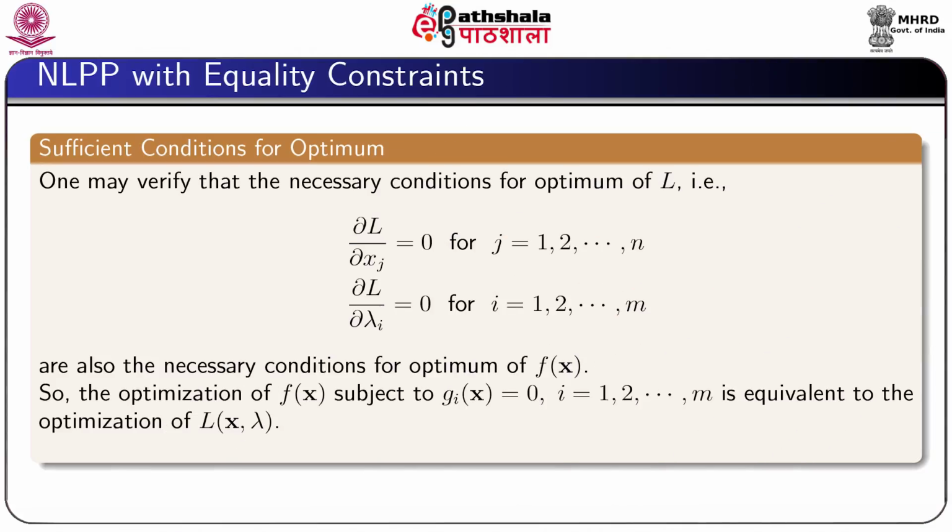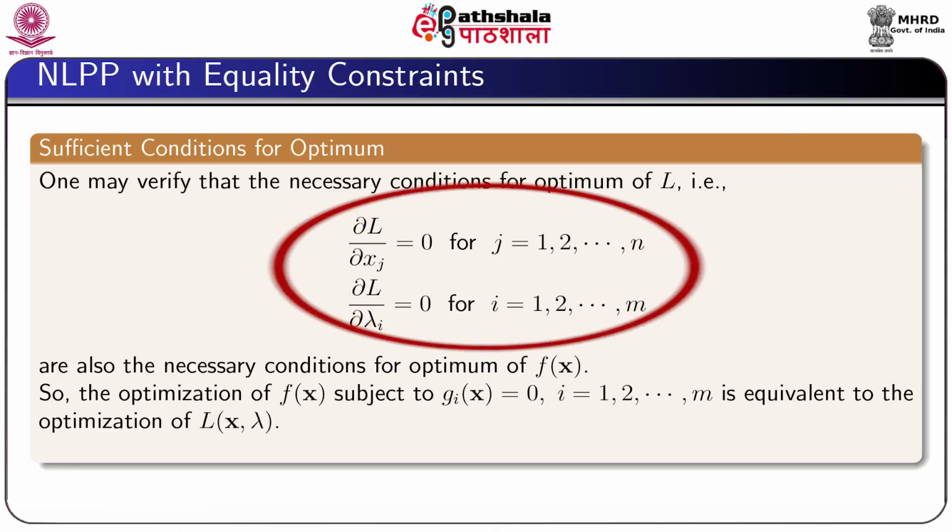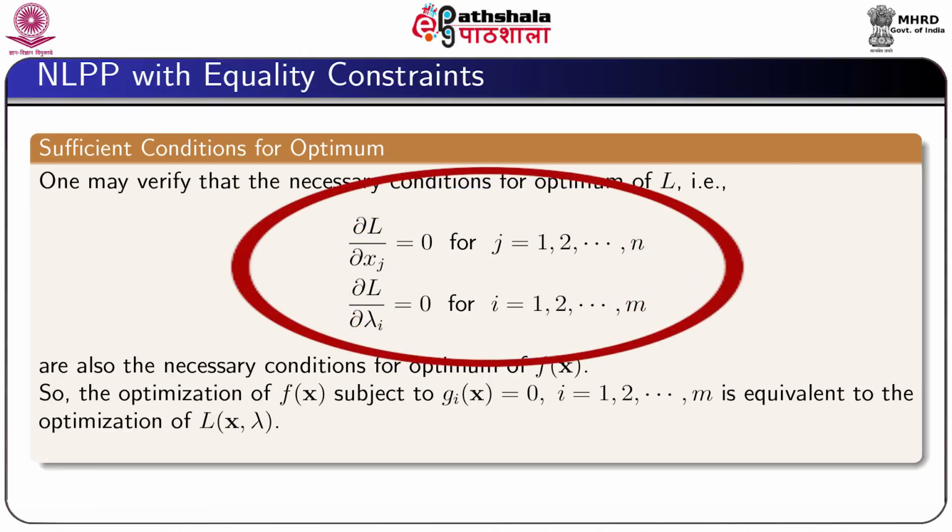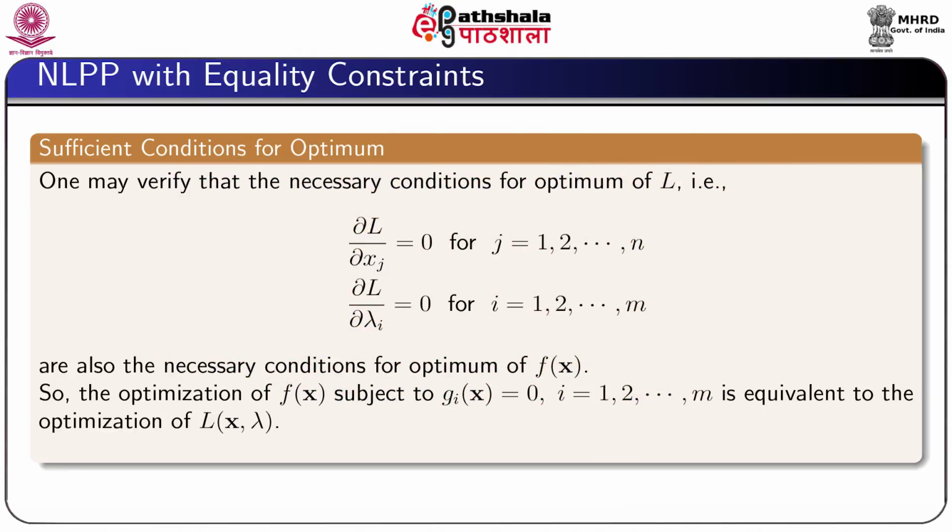One may verify that del L by del x_j equal to 0 for j equal to 1 up to n and del L by del lambda_i equal to 0 for i equal to 1 up to m are also the necessary conditions for stationary points of f(x). So, the optimization of f(x) subject to g_i(x) equal to 0 is equivalent to the optimization of L.